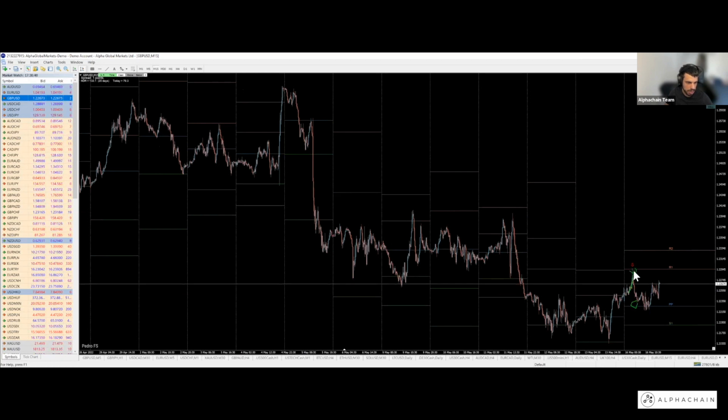It touches the R1 first, and then goes all the way down, and now it reacts from here. So you could have looked for sales under a test of the R1. If price held this level, you could look for the sell, expecting that price is eventually going to cross, or touch, this PP.